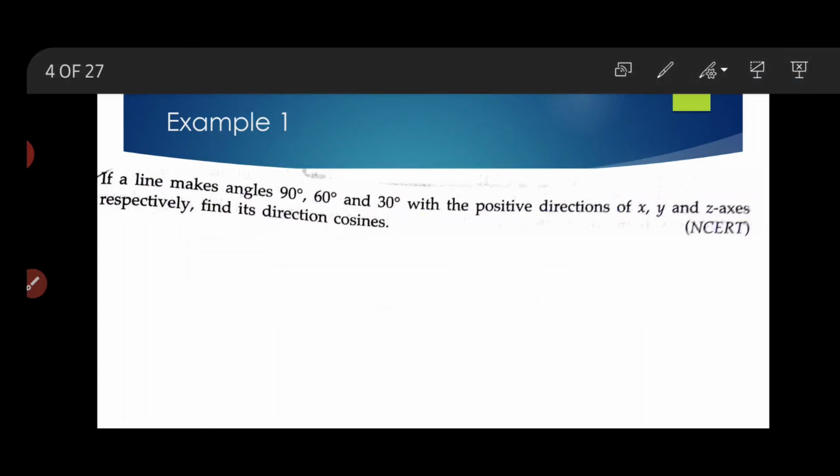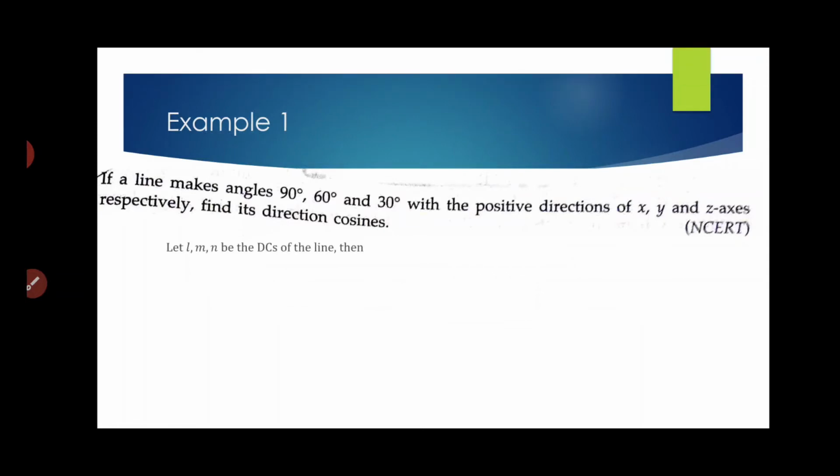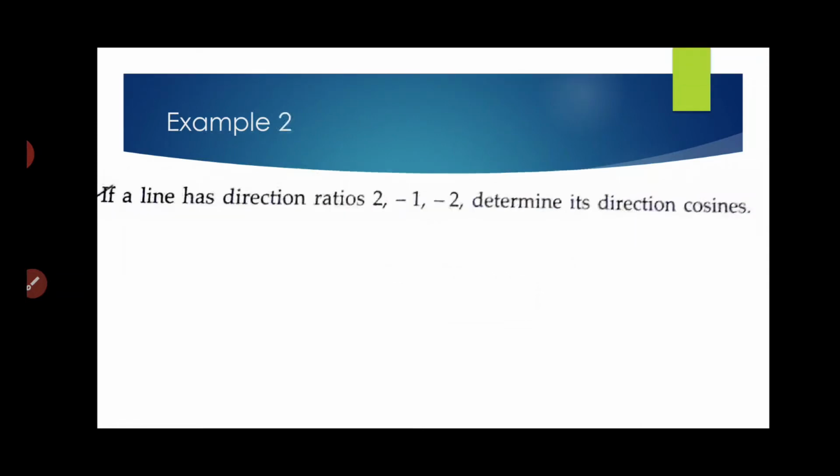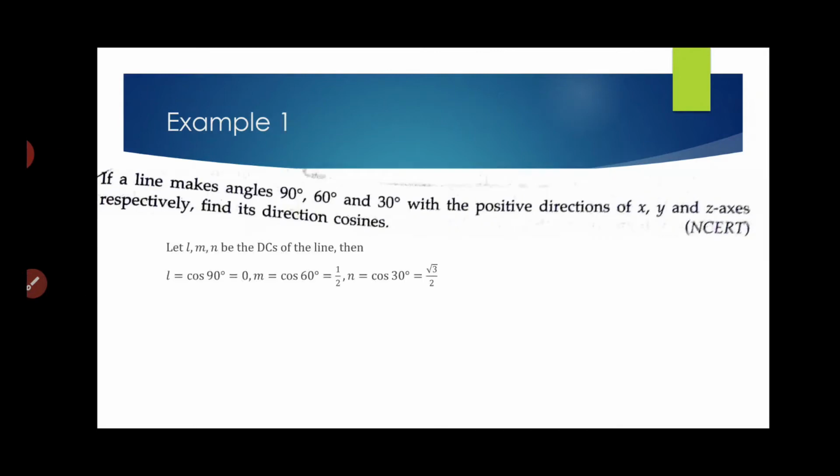So all we need to do is find the cosines of these angles, and whatever we get is our direction cosines. So let me take you back to the previous slide.